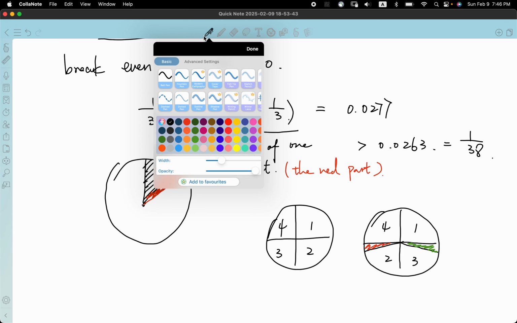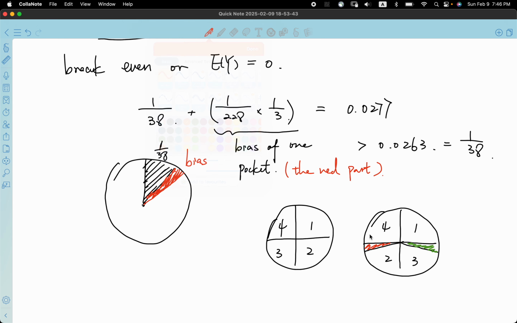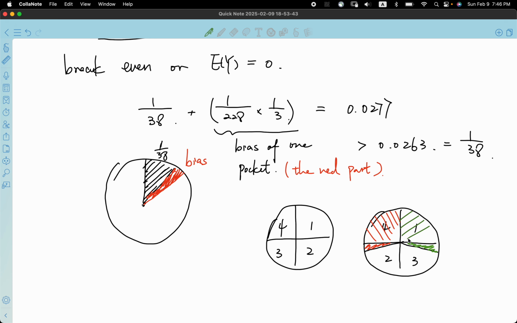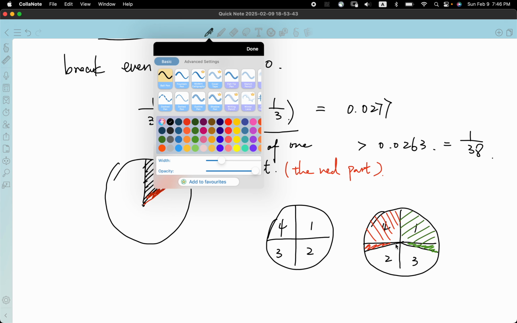So visually, as you can see, you will have a higher chance of getting 1 and getting 4, but you will have a lower chance of getting 2 and 3.